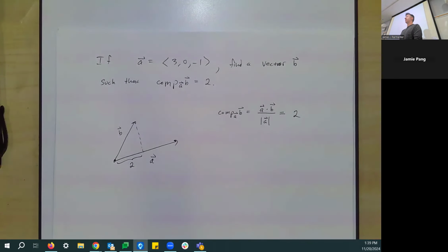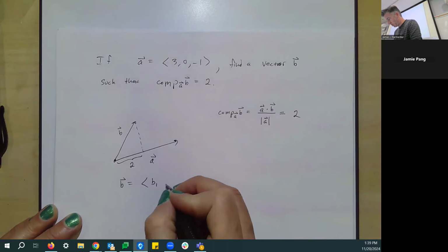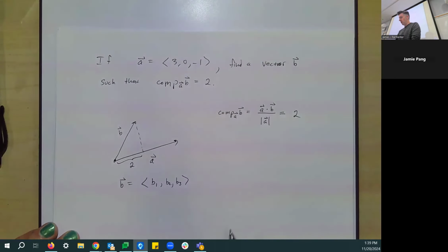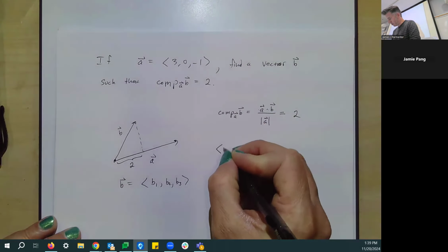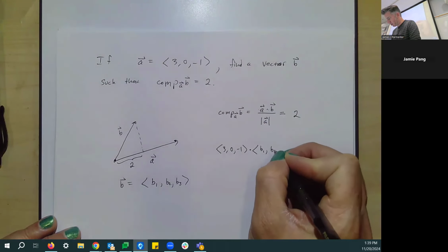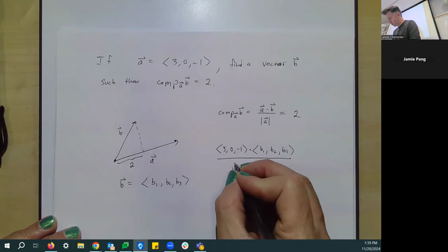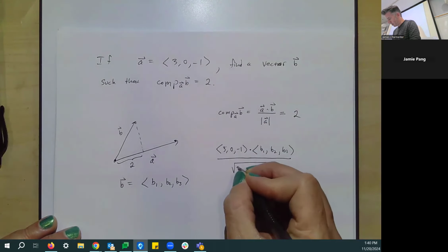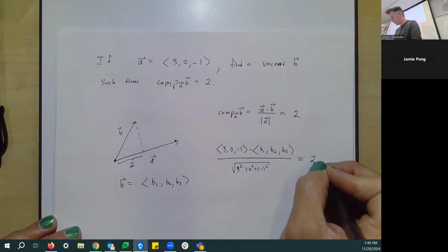So I don't know what B is, but let's make up just a generic vector for B. So let's say that the vector B is the vector with components B1, B2, and B3. So then when we do A dotted with B, we're going to say that that's going to be the vector 3, 0, negative 1, dotted with B1, B2, B3, divided by the magnitude of A, which is the square root of 3 squared plus 0 squared plus negative 1 squared. And we want that to equal 2.